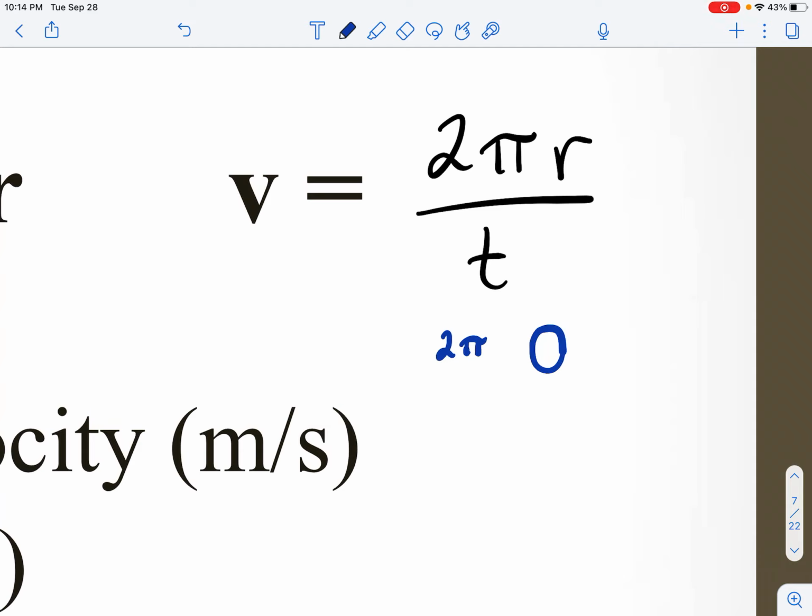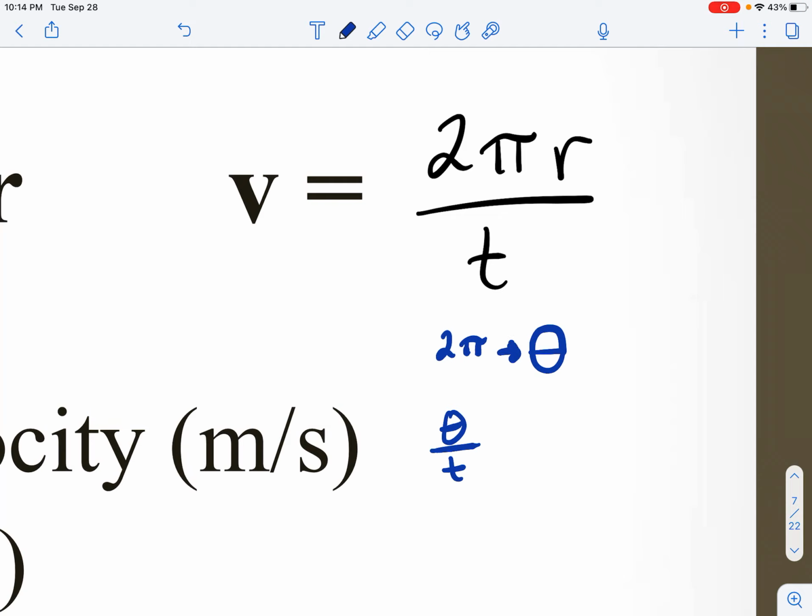So if I say that I have 2 pi, I have basically said here is my theta. 2 pi represents theta. If I isolate my 2 pi over t, well, we've already said that 2 pi can be replaced with the symbol theta. Well, what is theta over t?